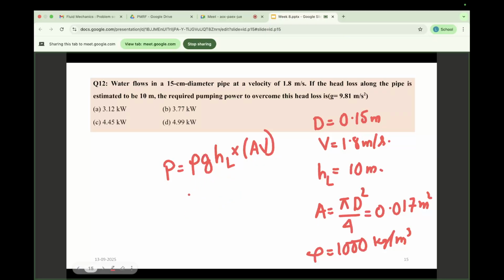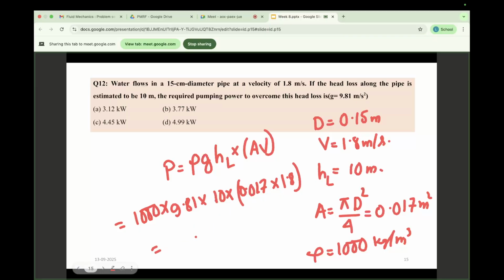So I just need to put all these values, nothing else. 1000 into 9.8 or 9.81, whatever you want, into HL is 10, area is 0.017, and velocity is 1.8.